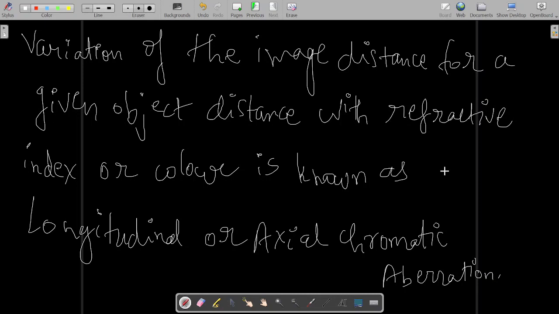So variation of image distance for a given object distance with refractive index or color.